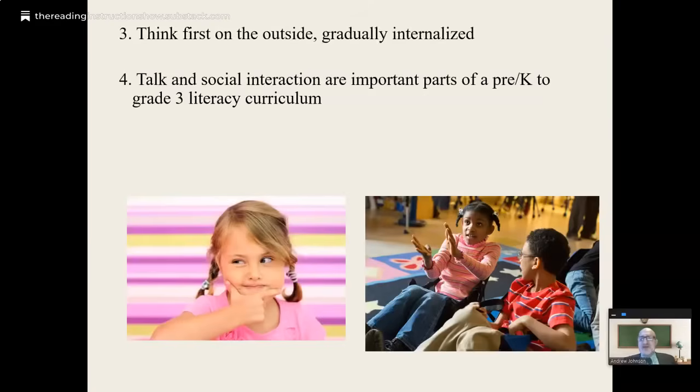We think on the outside first, and it's gradually internalized. That's why the thinking and the talk around us are so very important. And this is why talk and social interaction are so important parts of a pre-K through grade 3 literacy curriculum.